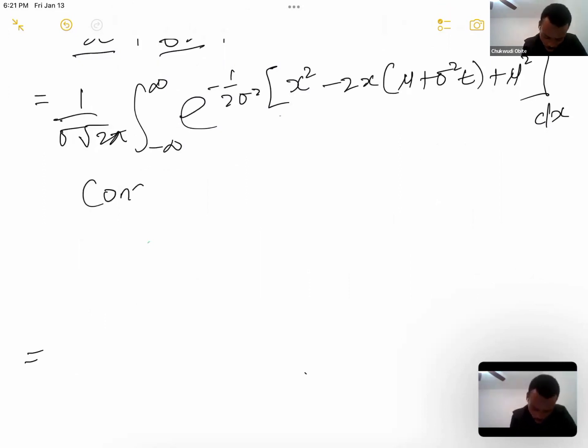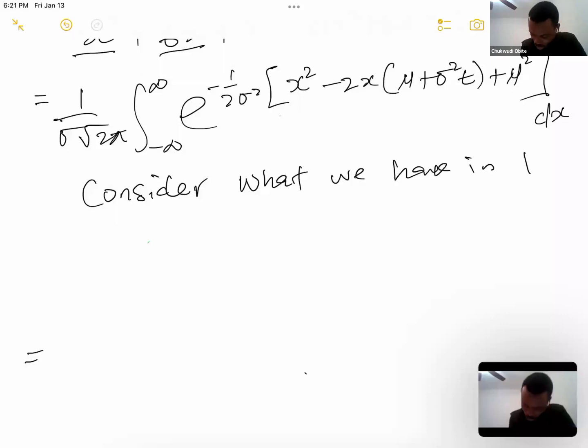Let's consider just the power of the exponent, or consider what we have in the bracket.